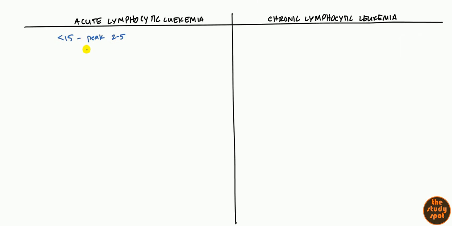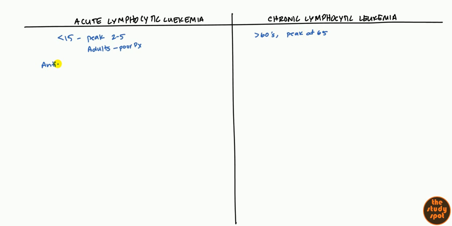Now, it can occur in adults, and when it does, that's generally a very poor prognosis. So not common, but when it does, it's pretty poor. Chronic lymphocytic leukemia, also known as CLL, is the exact opposite. It's found in the elderly greater than 60 years old, and it peaks at around the age of 65. So you can see a big distinguishing feature between the two.